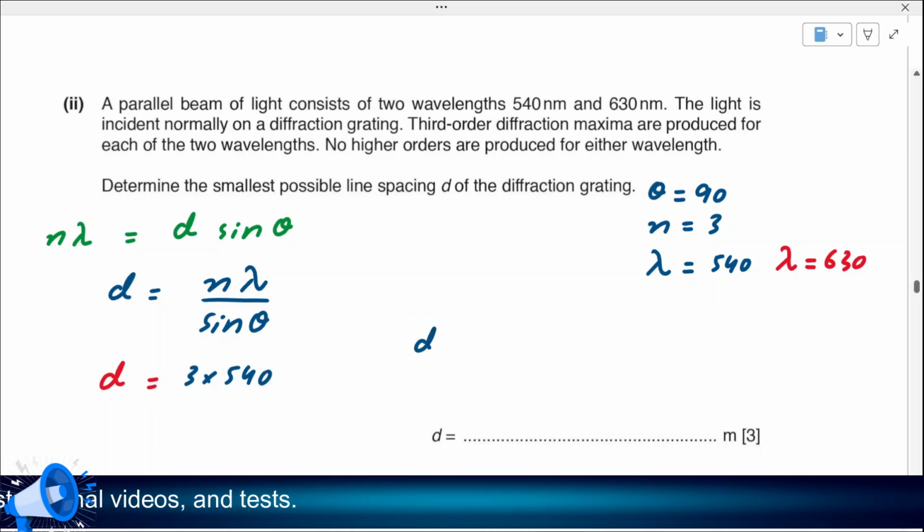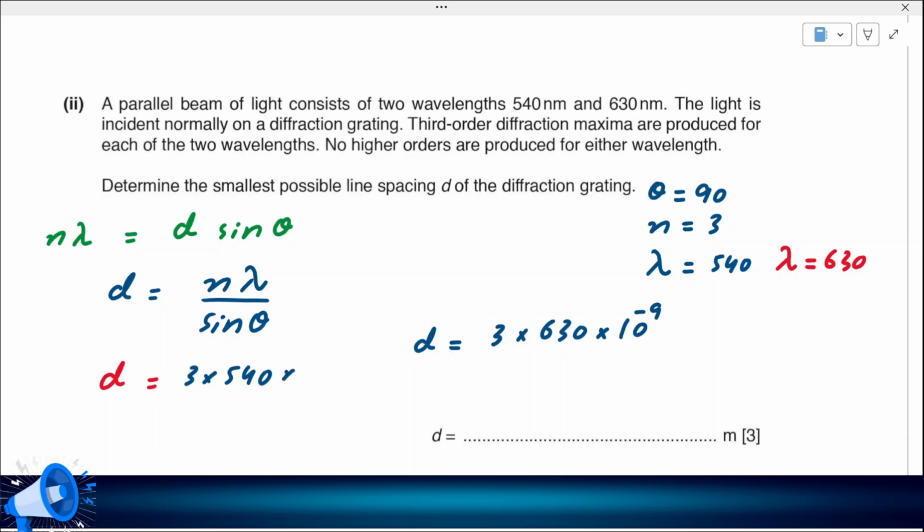And then what's the other one? 3 times 630, and you can add the prefix also.